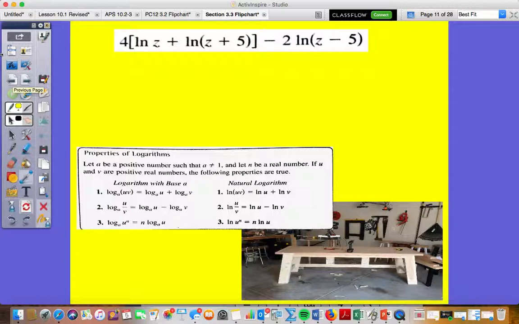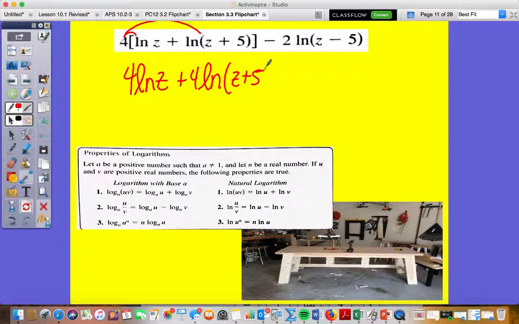What do we need to do first before we do anything? The 4's got to go to every part of it, right? That's in the parentheses there. So the 4 would go both ways: 4 ln of z plus 4 ln of z plus 5 minus 2 ln of z minus 5, right? All right, thoughts there, other than Caitlin and Thomas, because they've racked it in today.